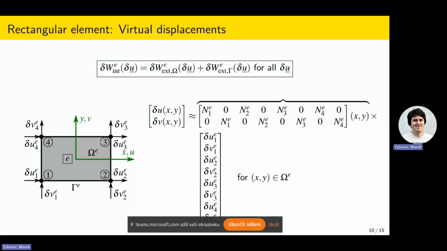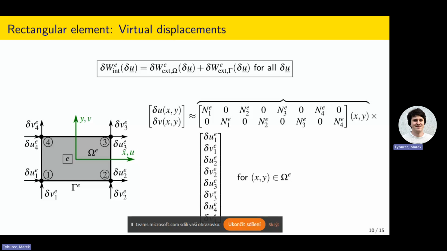But from this figure, what is important is that we have this delta u(x), delta v(x), and this is equal to some kind of shape function matrix, which I will call N underline for the element, and that's the matrix we have here.